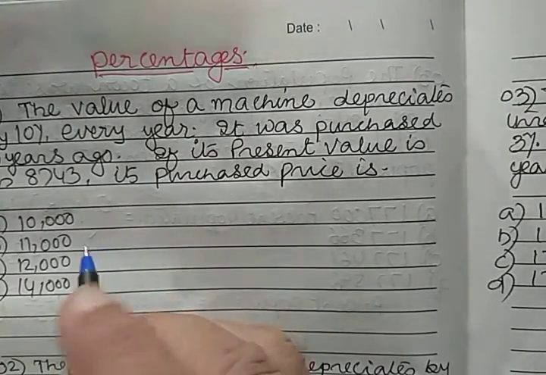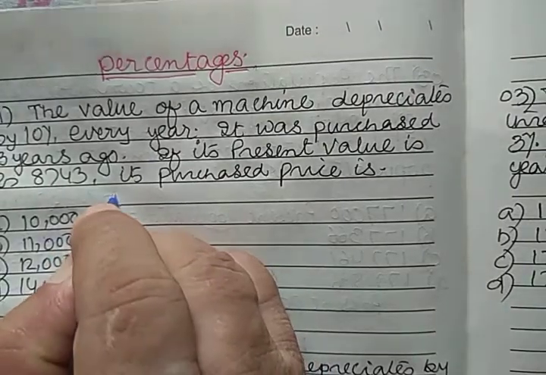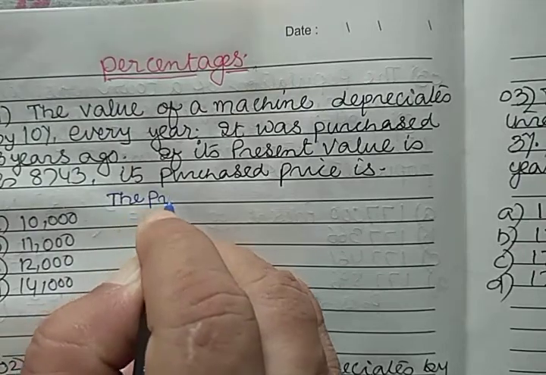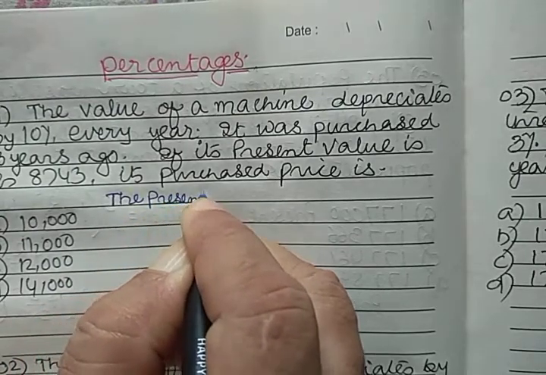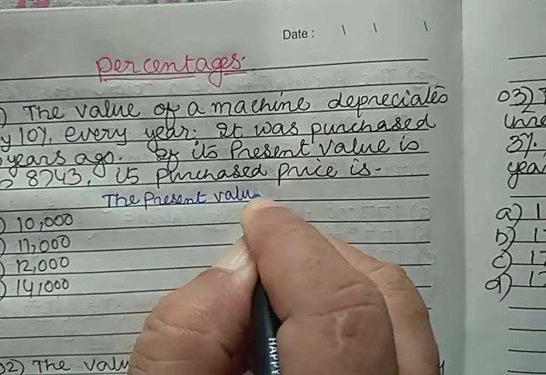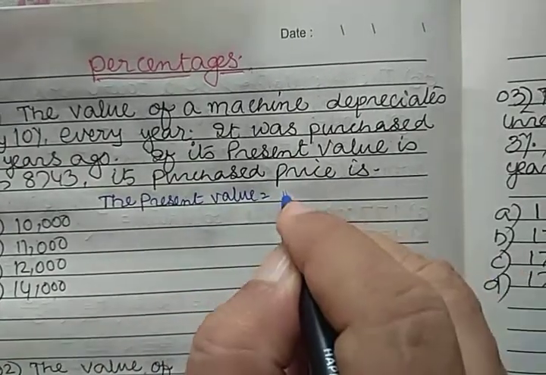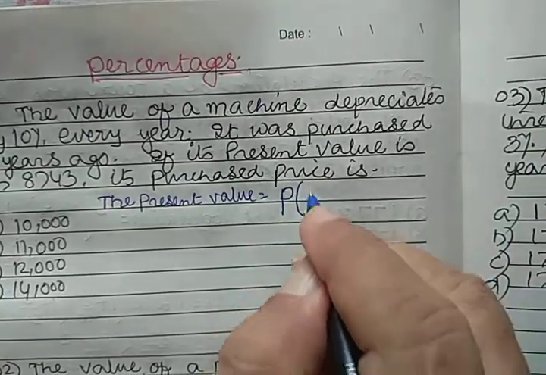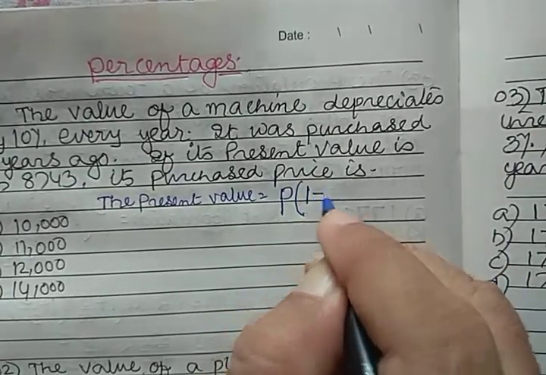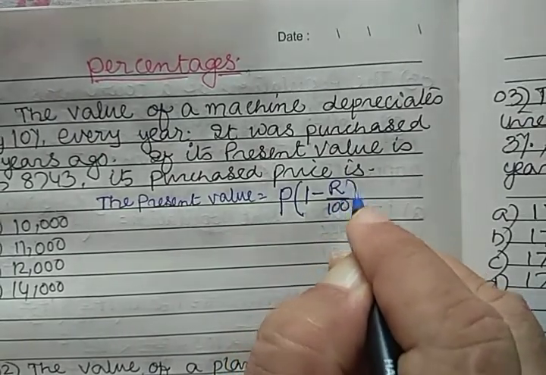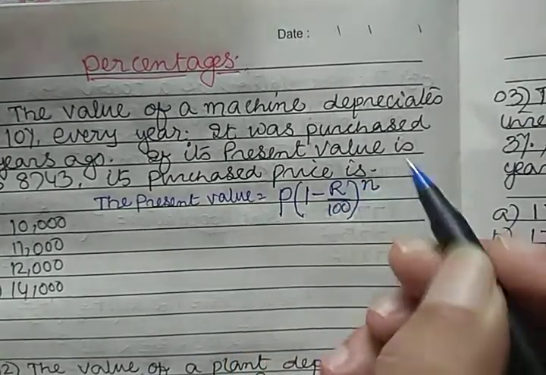If a sum is given like this, you have a formula for this. The present value is equal to the cost price of the machine into 1 minus R by 100 to the power of n.